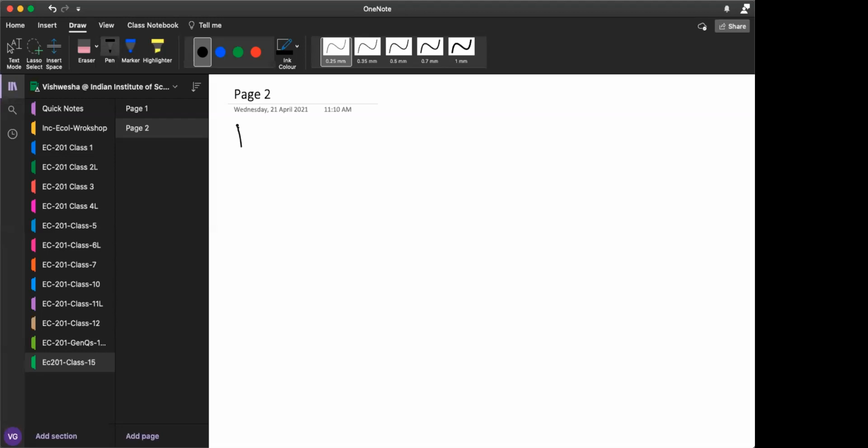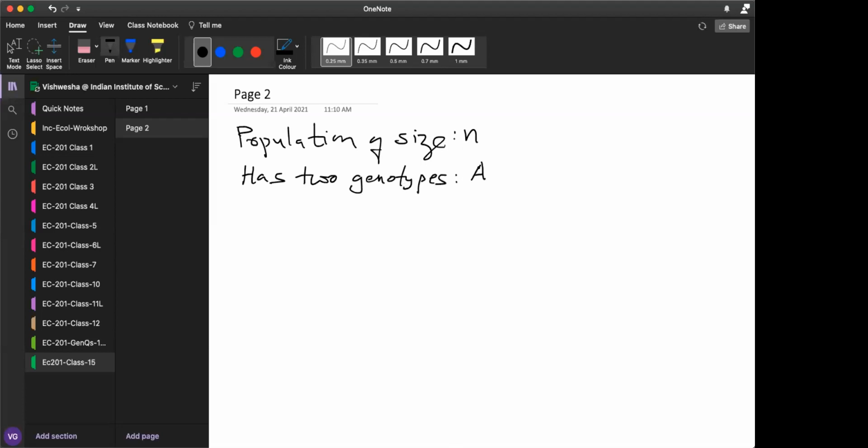So again, let's look at a population of size n, and let us assume that this population has two genotypes, A and B. These may correspondingly have two phenotypes, but we don't have to worry, because we have said let's look at allele frequencies only.